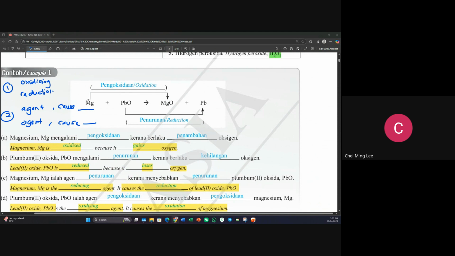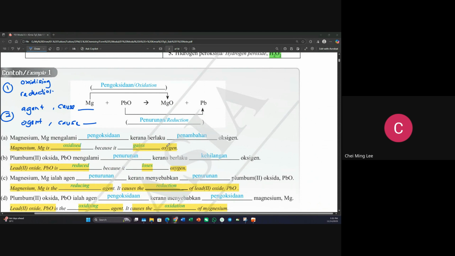So you see, magnesium here. Yes, Cindy. Okay. Now, for example, magnesium has been oxidized because it goes from magnesium element to magnesium ion, so it is oxidized. Why?